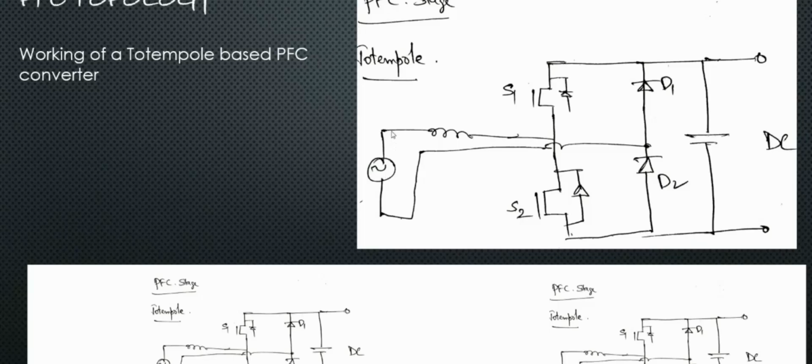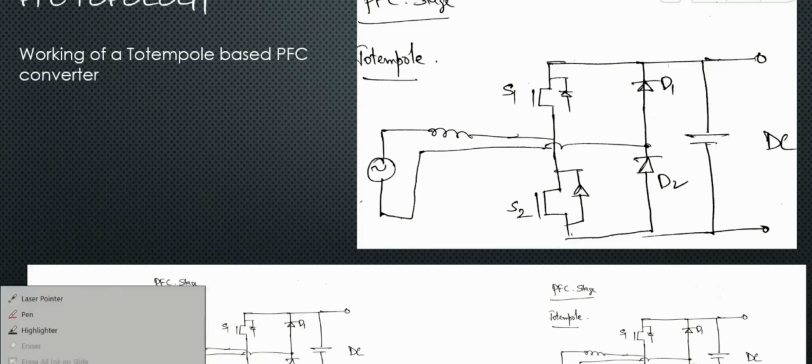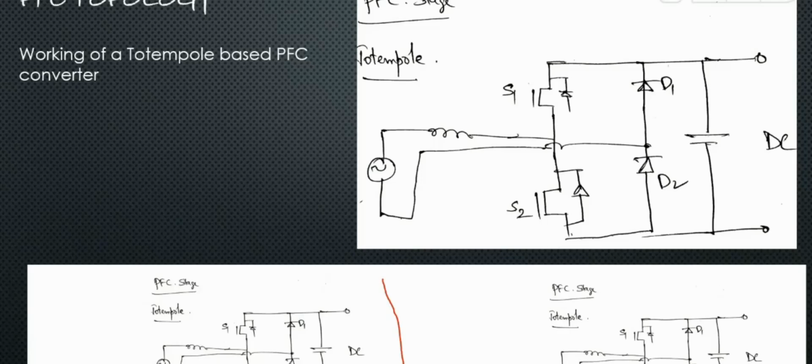So let's have a look at what generally happens in a power factor correction. Going back to the basics from the previous chapter, what does it mean to have a unity power factor?